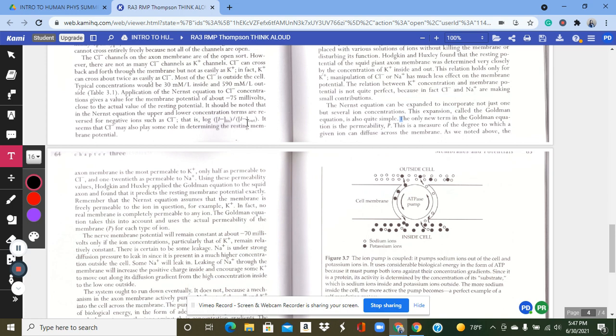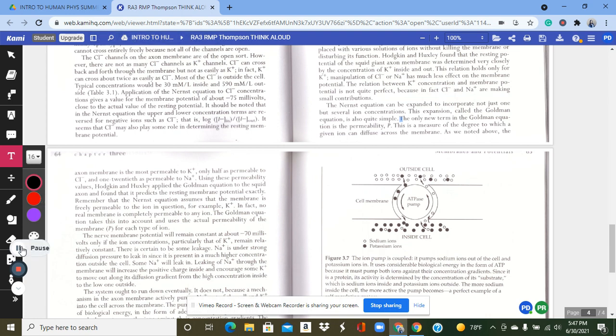Remember that the Nernst equation assumes that the membrane is freely permeable to the ion in question, for example, potassium. In fact, no real membrane is completely permeable to any ion. The Goldman equation takes this into account and uses the actual permeability of the membrane, which is P, for each type of ion.